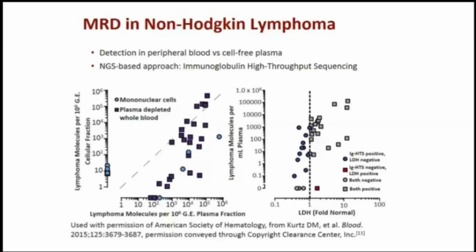Earlier, we used to just monitor lymphoma patients by doing a whole-body PET-CT, and PET-CT used to give us prognostic significance: this is a patient who's going to do badly, he hasn't achieved a response, there's a partial response or progression or something like that. But now it is coming into the non-Hodgkin's domain also, by doing cell-free DNA from the tumor cells. And this NGS-based approach is also being applied by immunoglobulin high-throughput sequencing.